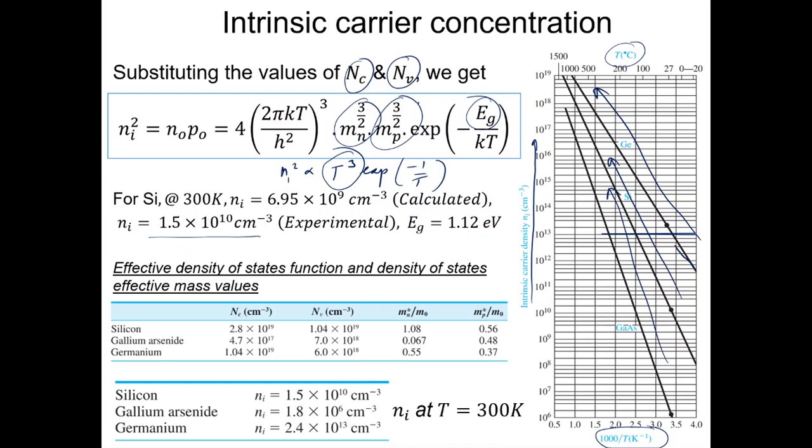So it's obvious that the Ni would be different in different materials. If it is silicon, the Ni is of the order of 10 to the power 10 per centimeter cube. If it is gallium arsenide, Ni is of the order of 10 to the power 6, and if it is germanium, the Ni is of the order of 10 to the power 13 per centimeter cube, all at room temperature.